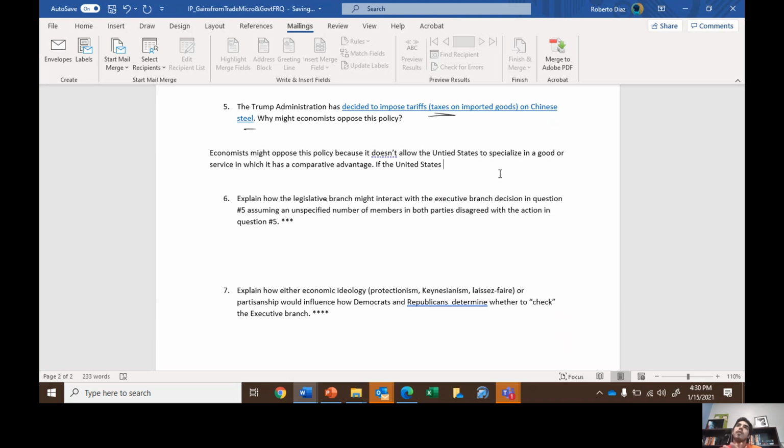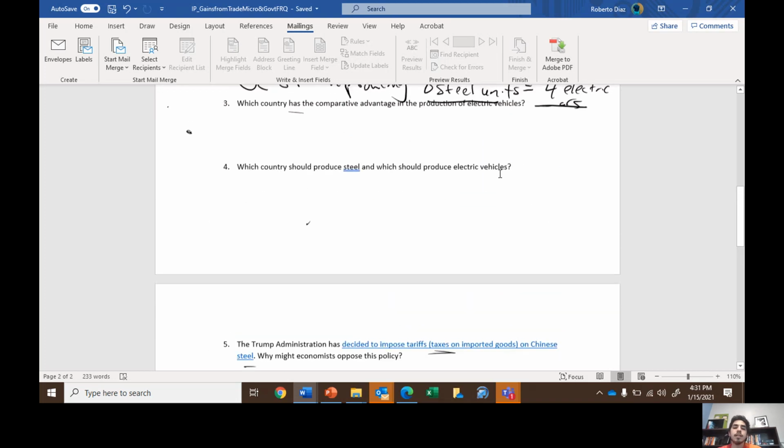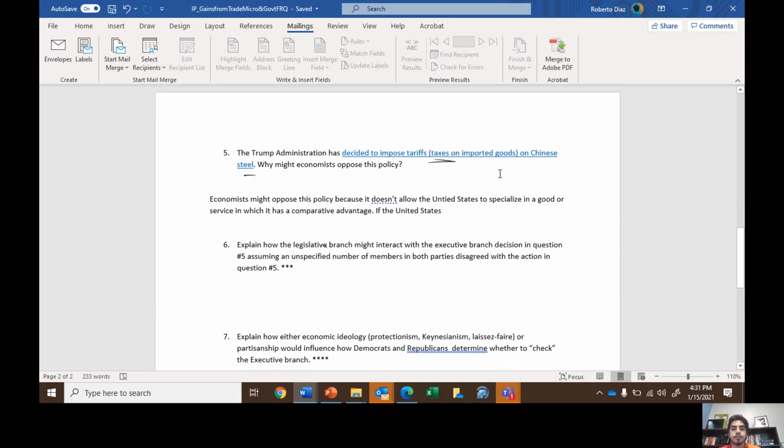And we'll talk more about how governmental interventions, we'll talk about tariffs and subsidies in Unit 4, can lead to an inefficient allocation of resources or affect social welfare later. So I'm not going to get into the specifics of this, but economists might oppose this policy because it doesn't allow the United States to specialize in a good or service in which it has the comparative advantage. And if the United States imposes tariffs, you can look at the U.S. angle.